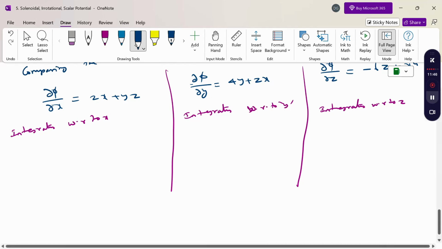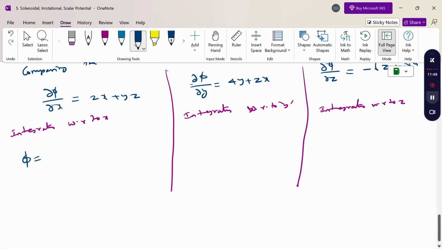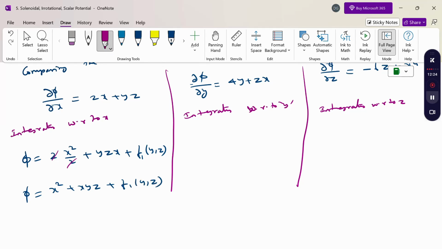Therefore, when I integrate this, phi equals, with x the only variable and other values considered constant, 2 into integration of x, x square by 2, plus yzx, plus the constant, independent of x, the function f1 of y comma z. When I cancel the 2 and 2, phi equals x square plus xyz plus f1 of y comma z.